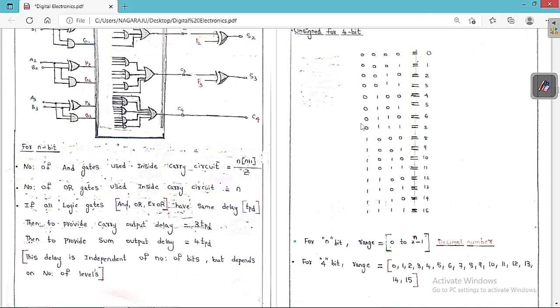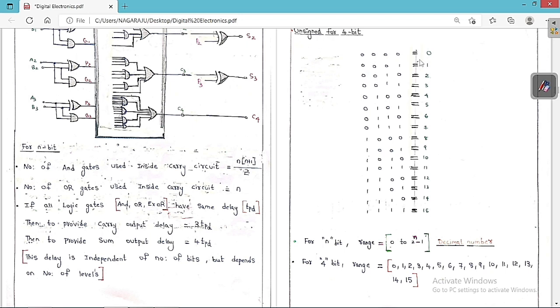Then 8 by 2 is 4, so the first 4 are 0, then 1, repeated. 4 by 2 is 2, so first keep 0 then 1, and repeat the same process. 2 by 2 is 1, so for each one we represent 0 1 0 1. Like this you fill in all of these, and we get all the combinations.